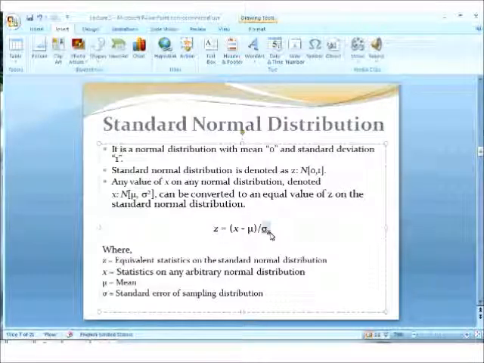The standard error that we talked about just a few slides back, or that we discussed last time. So Z is the standard normal distribution.